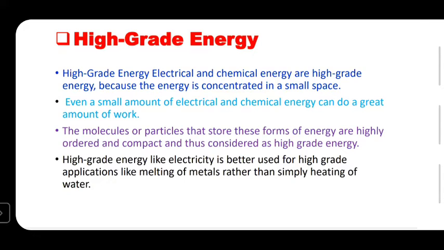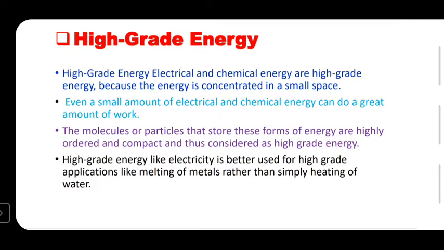High grade energy means that energy can do a great amount of work. The maximum amount of work is utilized to convert the energy. The conversion takes place due to the maximum amount of work. Actually, examples of high grade energy are electrical energy as well as mechanical energy.